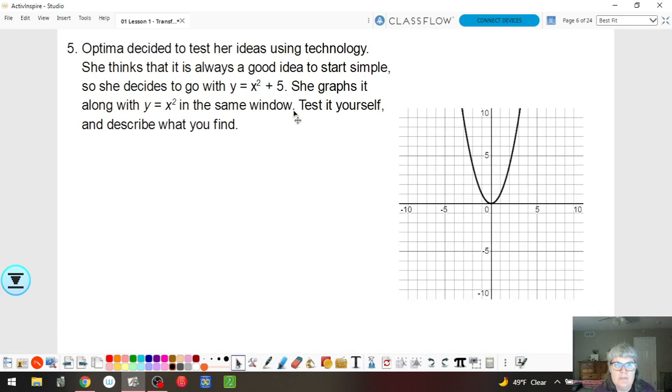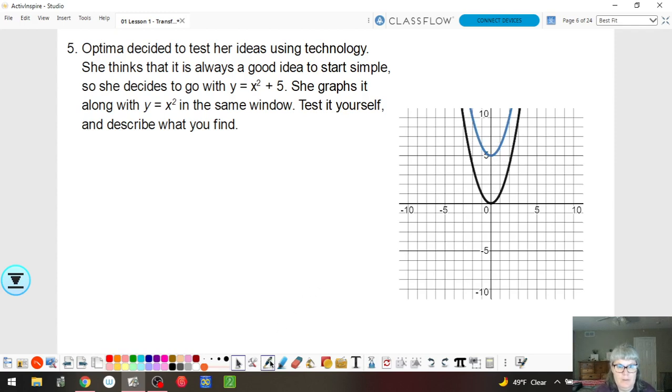So in class, we used the calculators and we graphed both y equals x squared and y equals x squared plus 5 in the graphing calculator. We know from the previous example that this is what y equals x squared should look like. The blue graph here is y equals x squared plus 5.